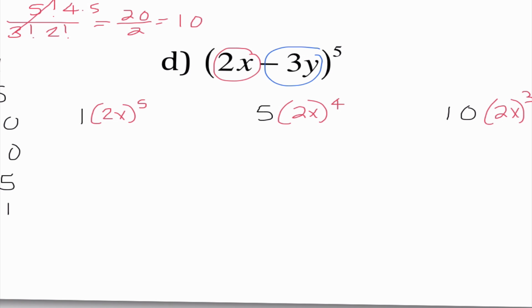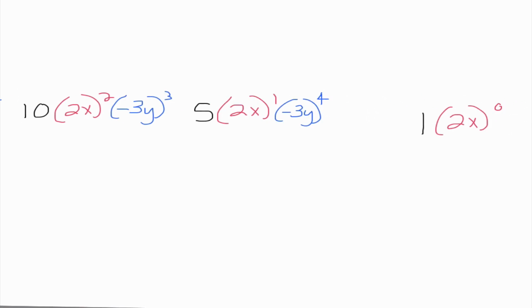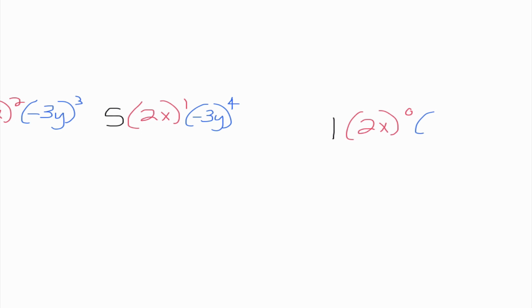Next, I have a negative 3y, so I have negative 3y to the 0, negative 3y to the 1st, negative 3y squared, negative 3y cubed, negative 3y to the 4th, and negative 3y to the 5th.